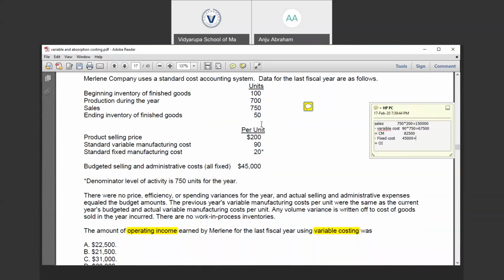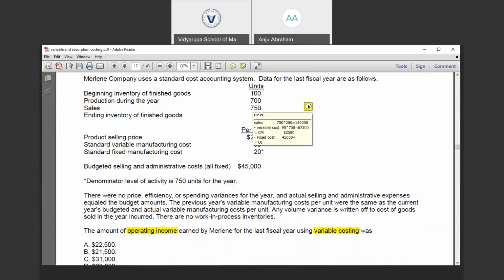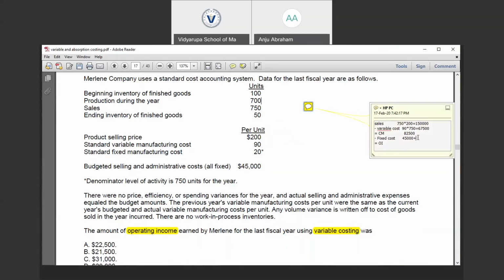So the fixed overhead to be expensed is that incurred for the production during this year. We know that in the year we produced 700 and standard fixed manufacturing cost is 20. So 20 into 700 is the fixed manufacturing overhead that we incurred during this period. 20 into 700 is 14,000, right?